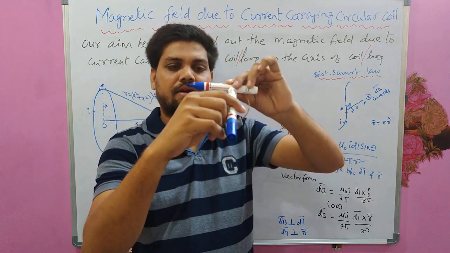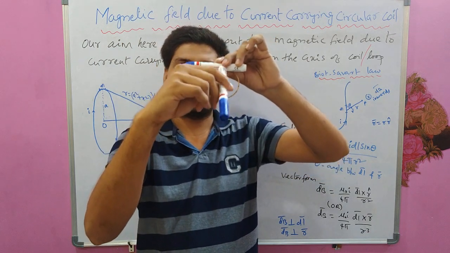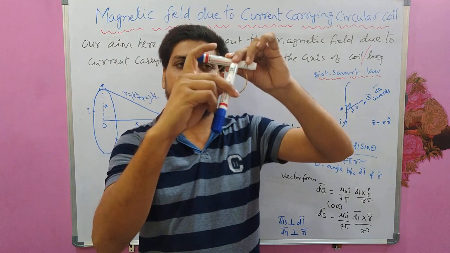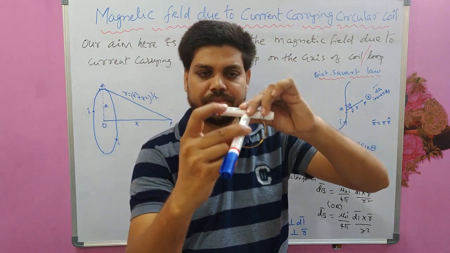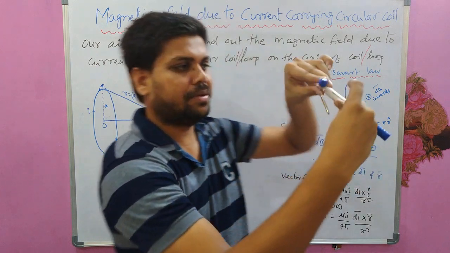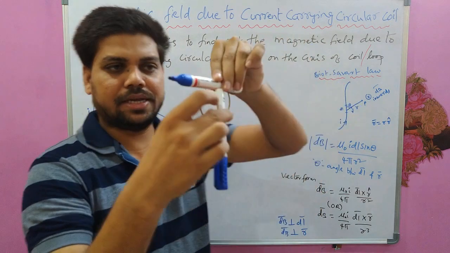Now if you see, wherever the point P lies on the axis of this loop, the angle between R and DL is going to be 90 degrees. You can see the angle between DL and R will be 90 degrees.